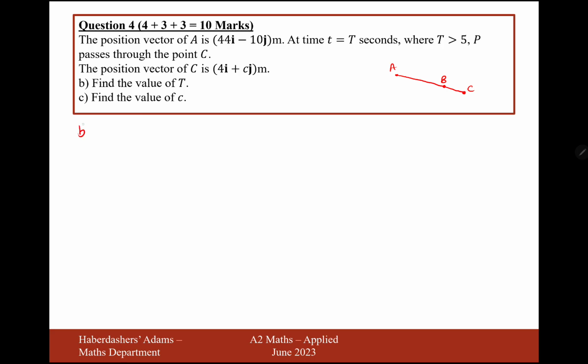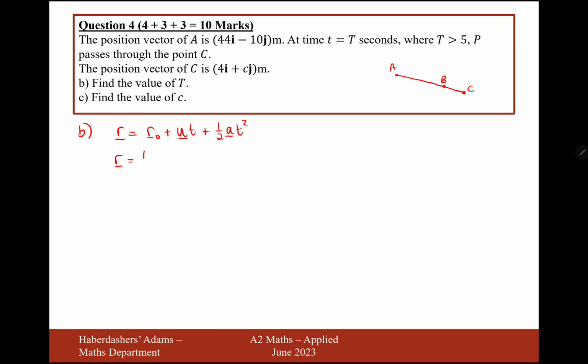Okay, well, here is where I'm going to pull out my SUVAT formula, but adjusted for vectors, which is r equals r0 plus ut plus half at squared. So this is for the particle that we've just been working with.